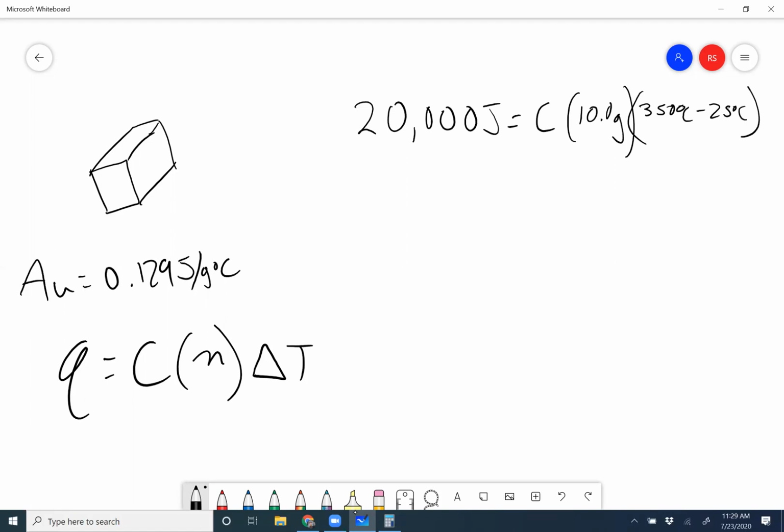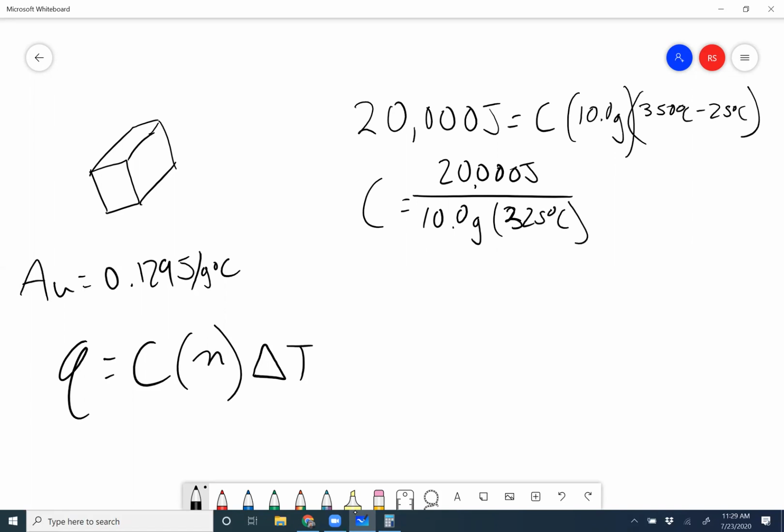So now what we can do is we can say, okay, the specific heat is going to be the 20,000 joules divided by the 10 grams, and then multiplied by the temperature change, which is 325 degrees C. Notice that this gives us joules per gram degrees C, which is the unit for specific heat.